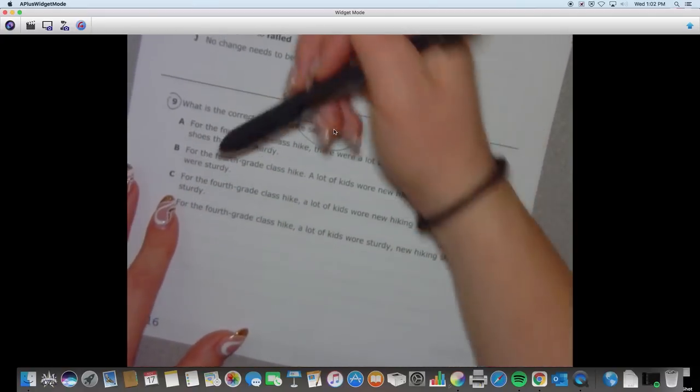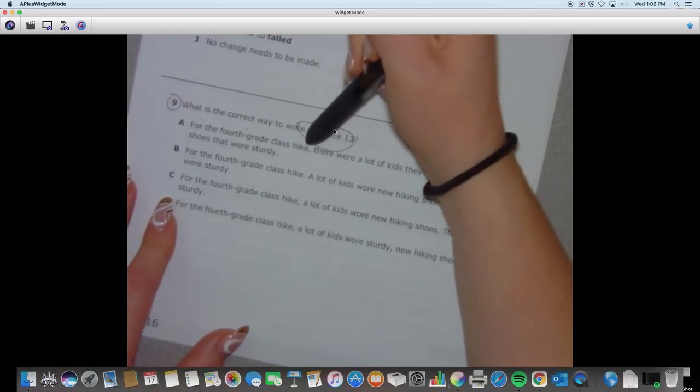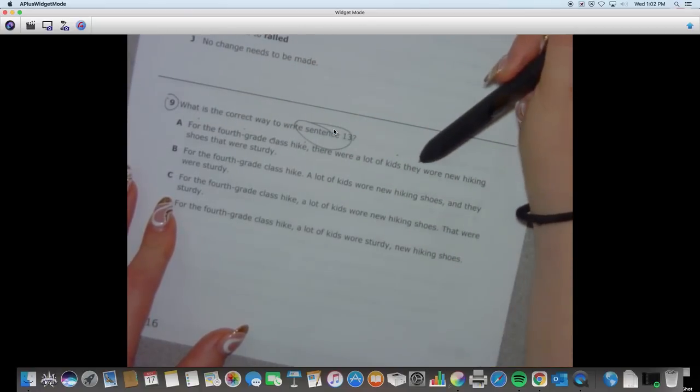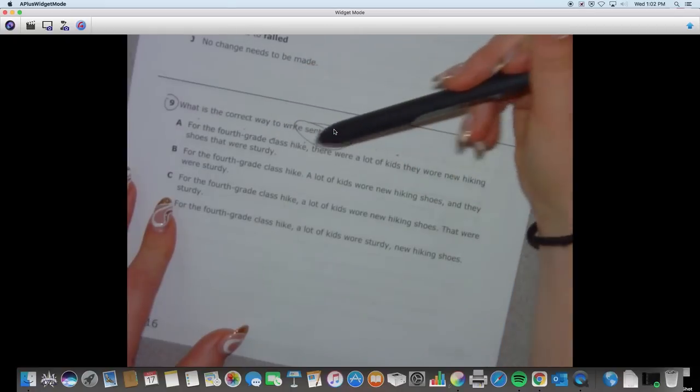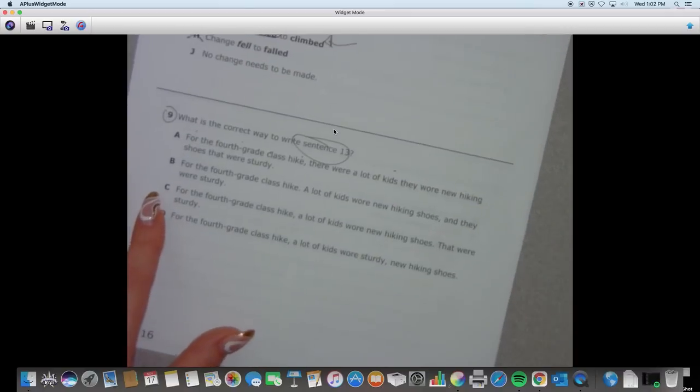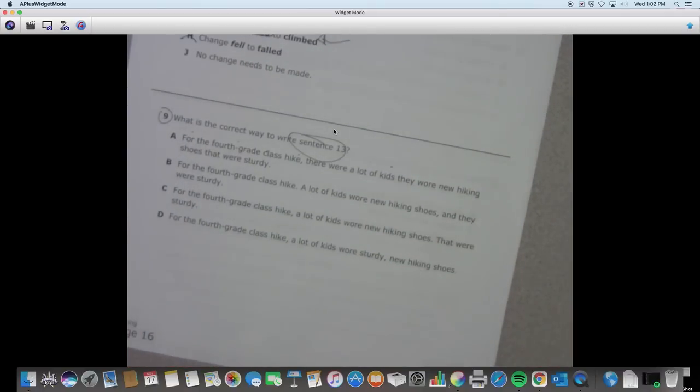Okay, so it says, for the 4th grade class hike, there were a lot of kids. They wore new hiking shoes that were sturdy. Let me read that again. For the 4th grade class hike, there were a lot of kids. They wore new hiking shoes that were sturdy.